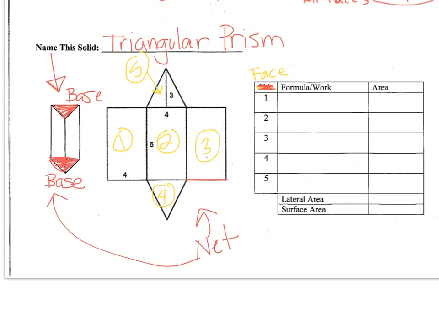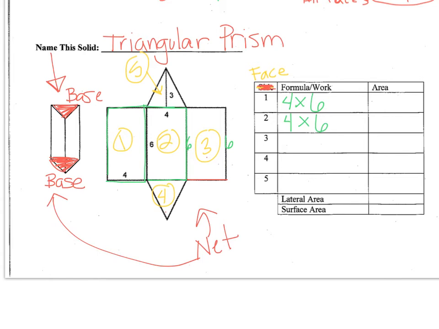So if I want to find the surface area, I find all of the areas. Starting with number 1, I have a 4 by 6 rectangle. Do you see that? 4 by 6 rectangle. For number 2, it looks pretty much the same because I have another 4 by 6 rectangle. And then number 3 doesn't have any dimensions, but we know the 6 carries over to all of them.